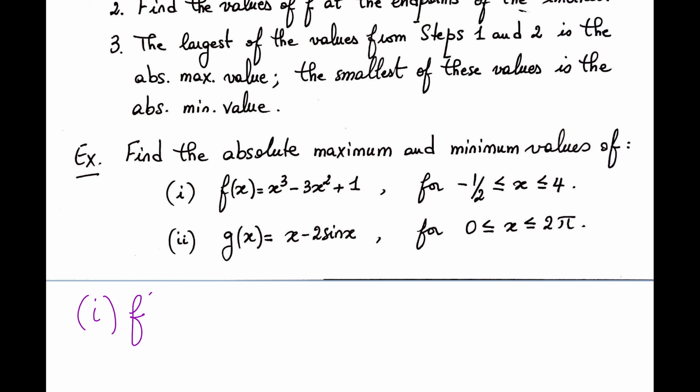Let's find f prime of x. f prime of x is 3x squared minus 6x plus 0. What's the domain of the function f prime? The domain of f prime is all real numbers, right?